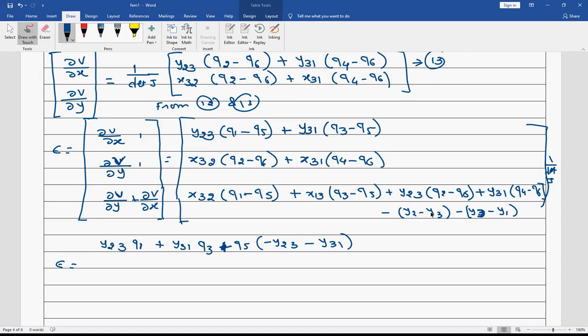Okay, so you could see clearly this y3 will get cancelled because of sign. So I get minus y2 and plus y1. So I get y13. Okay, so therefore I can replace this with y13.